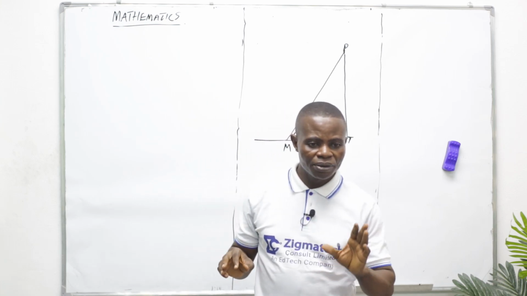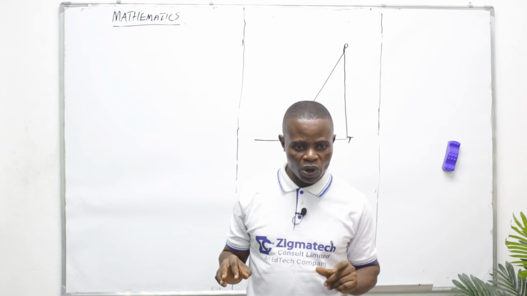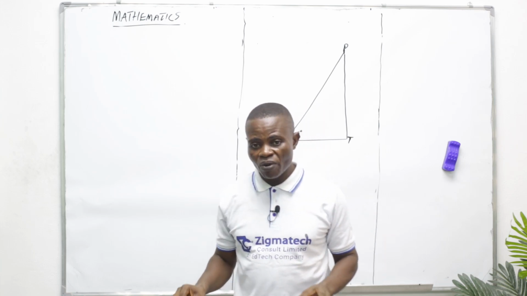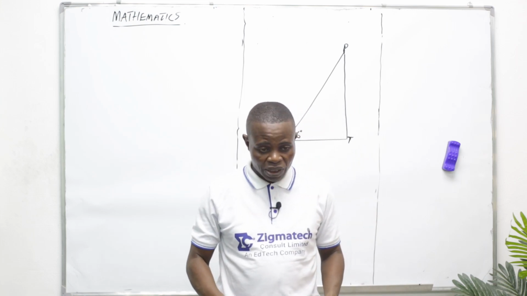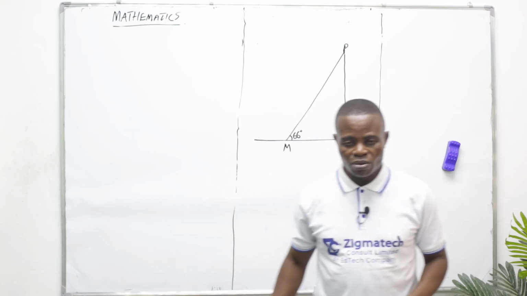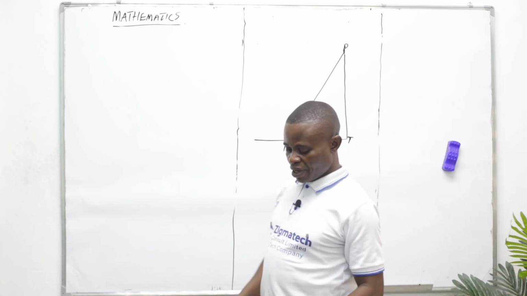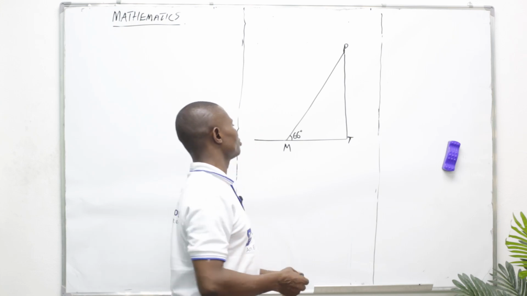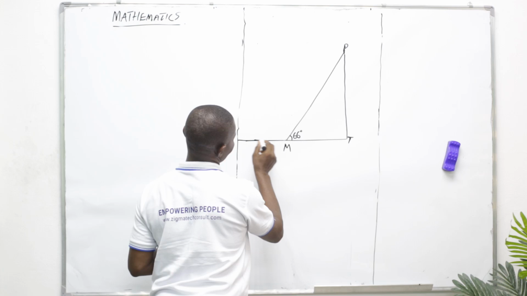He now moves directly backwards to a new point C. Look at moving backwards. From this point, if the boy is standing this way, he moves like this. He observes an angle of elevation of 53. Let's say it is from here.